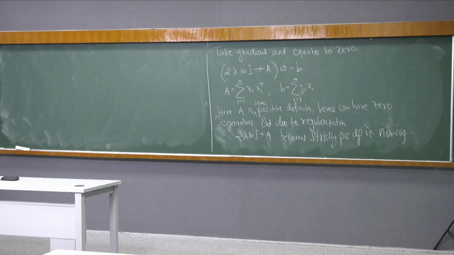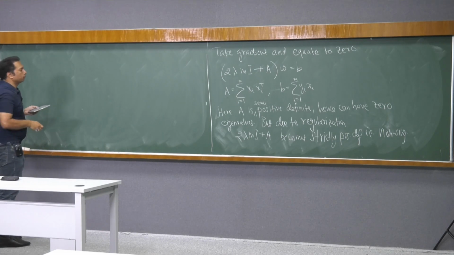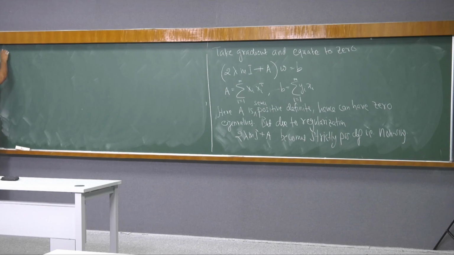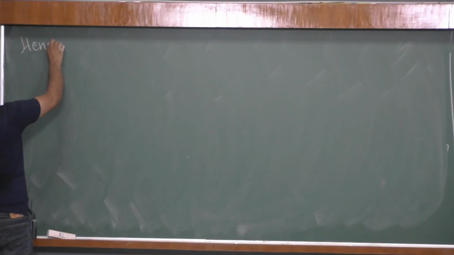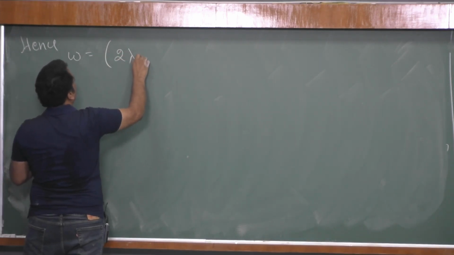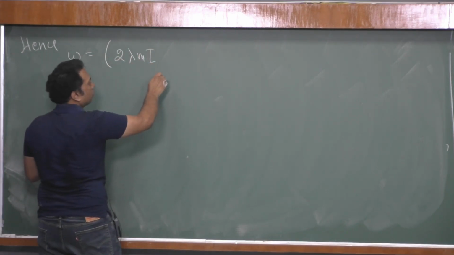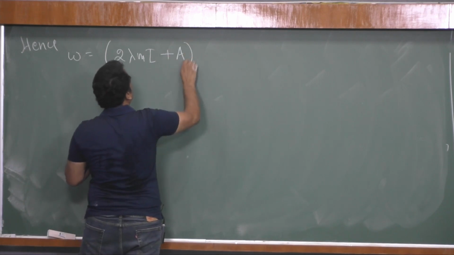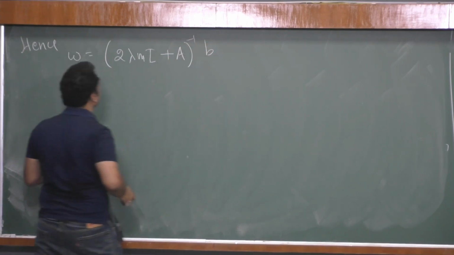To conclude, we can solve W, which can be given as (2 lambda m I plus A) inverse B. So we can solve W like this.